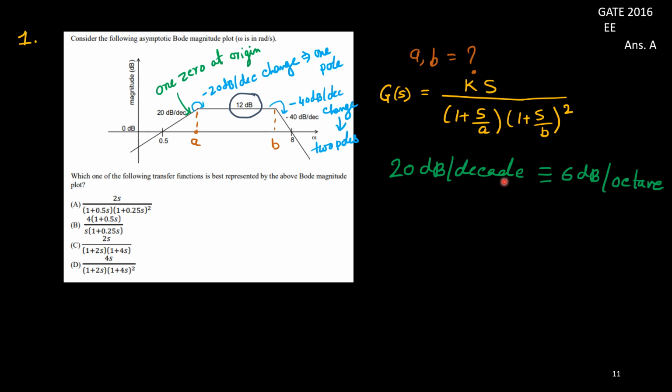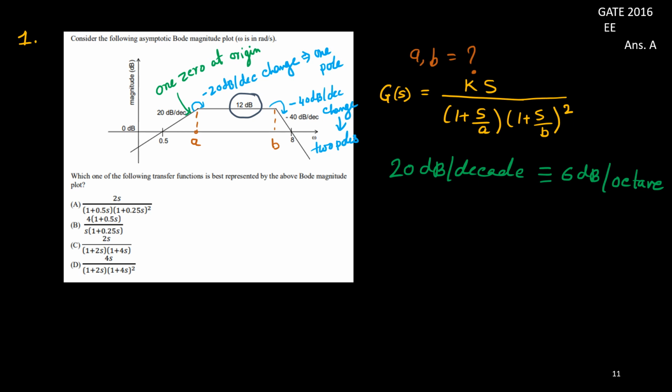Meaning is that if frequency is increased by 10 times, then the Y level change is 20 dB. That is the meaning of 20 dB per decade. And here, if we increase the frequency by 2 times, from omega to 2 omega, then the change would be 6 dB only. It is the same thing. So 20 dB per decade is same as 6 dB per octave.